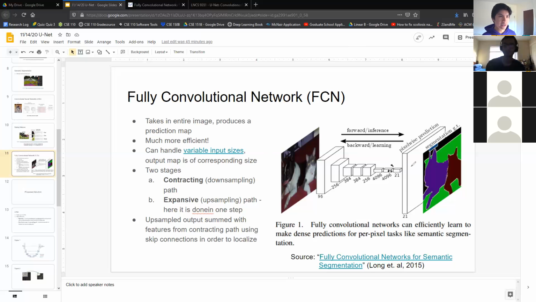Then in your upsampling, if you're concatenating, you also need a corresponding width and height. So it needs to be of the same resolution if you're doing that sum or the concatenation.